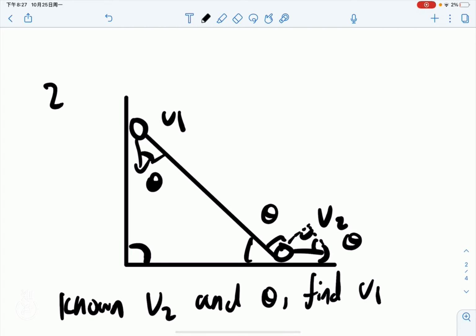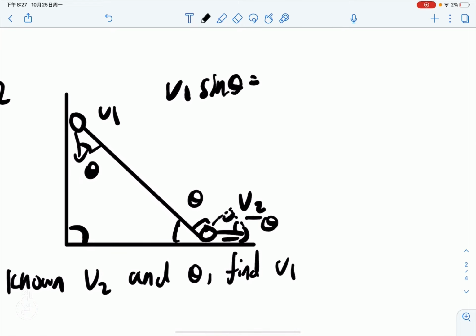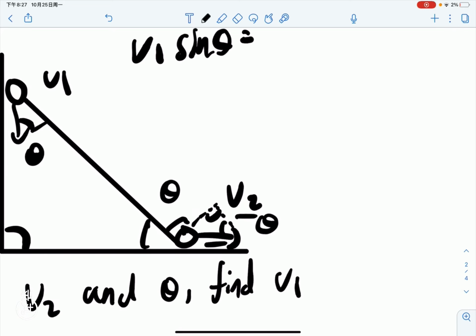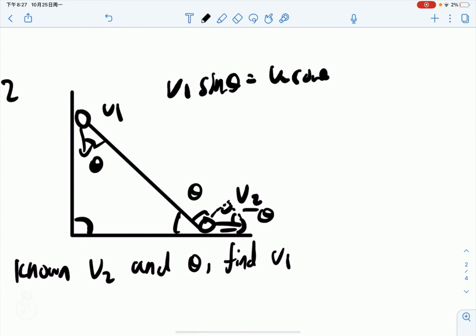So basically v1 times sine is going to be v2. Wait, really? Wait. Yeah, cosine. v2 cosine. So v2 is basically v1 tangent theta.